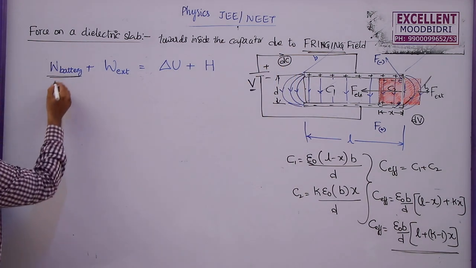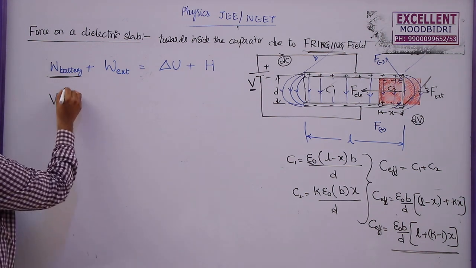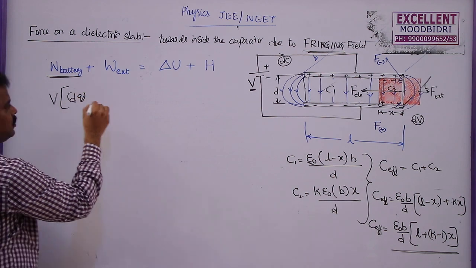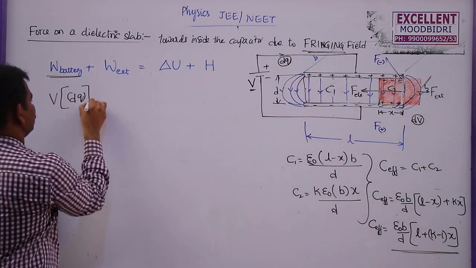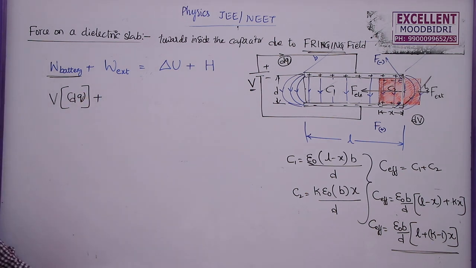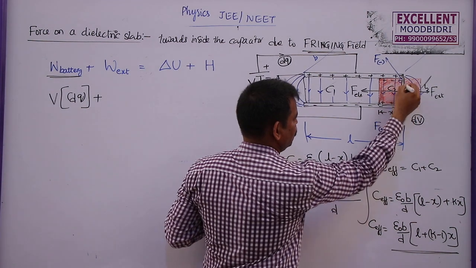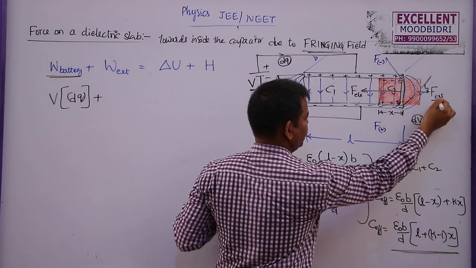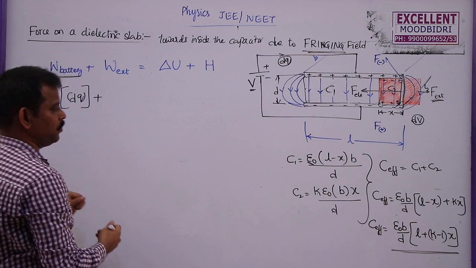So what is the work done by the battery? Potential into the charge. The potential is V, which is constant, and the amount of charge given is dQ. Plus, what is the work done by the external force? Here I am trying to insert this by a small distance dx by applying this force. The external force is acting in this direction, but the dielectric medium is moving in the opposite direction.